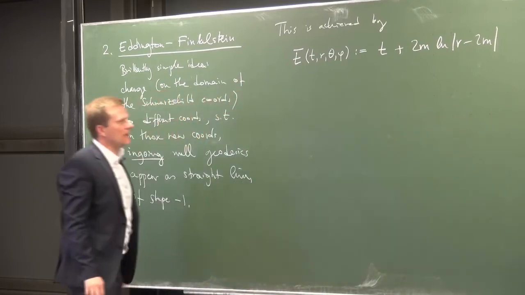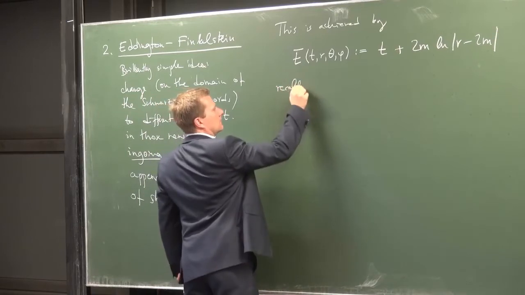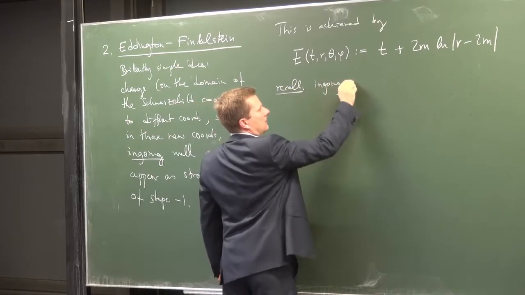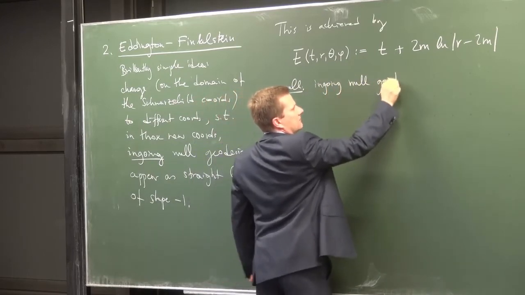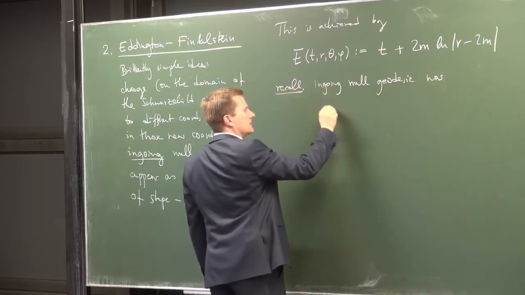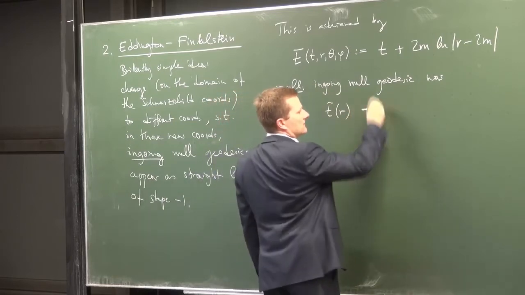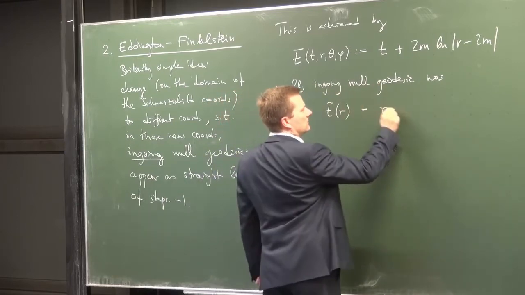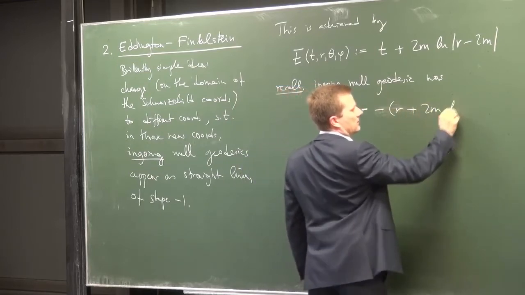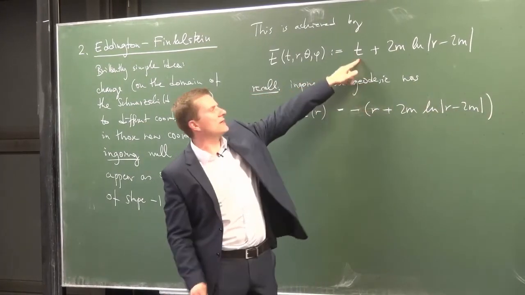So recall that the ingoing null geodesic was given by t twiddle of r, that's now just a function that describes the null geodesic, equals minus r plus 2m ln r minus 2m. So here we had an r, but here we now have a t.